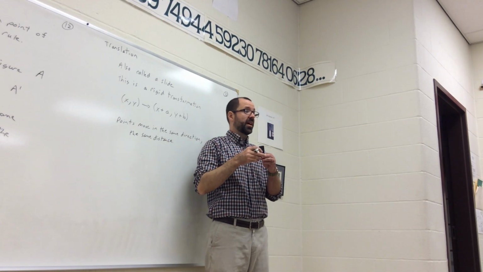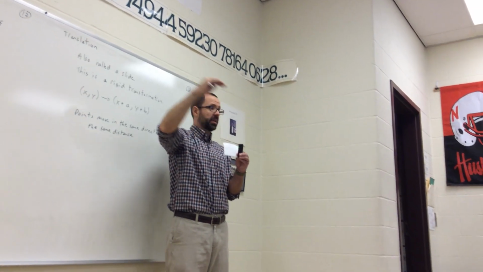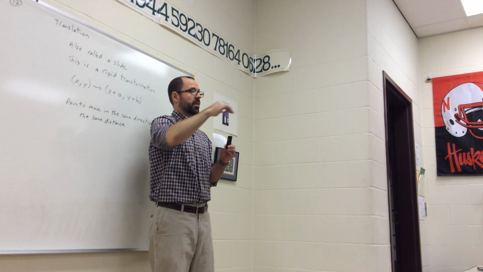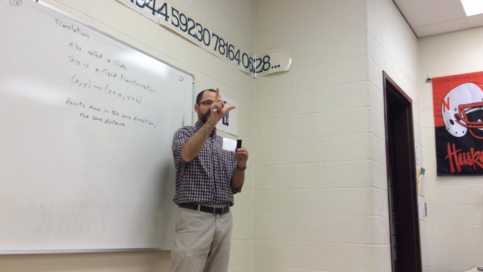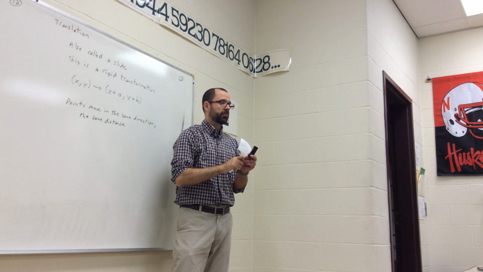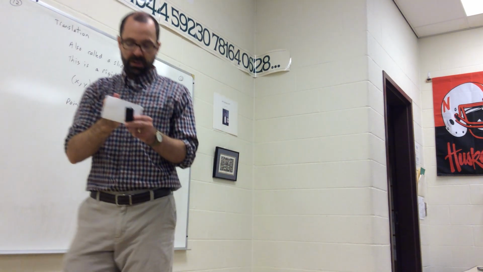So remember, we verified the direction with the slope. The slope formula told you the slant or the direction. And then we verified the distance with the distance formula, so you could see how far apart they are. All right, so I'll pass out the paper.